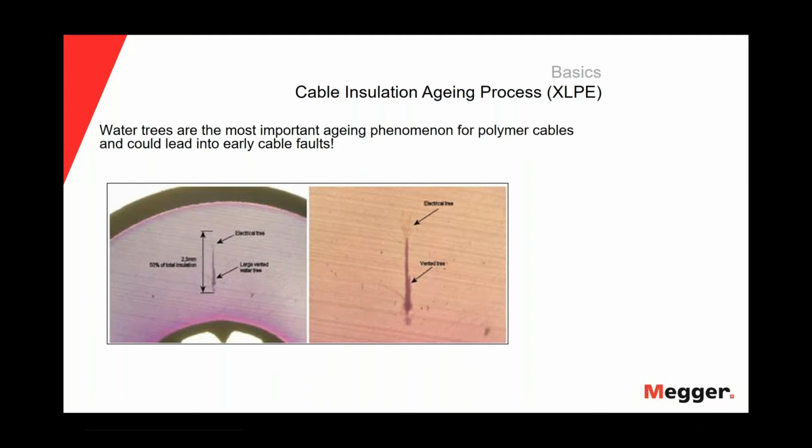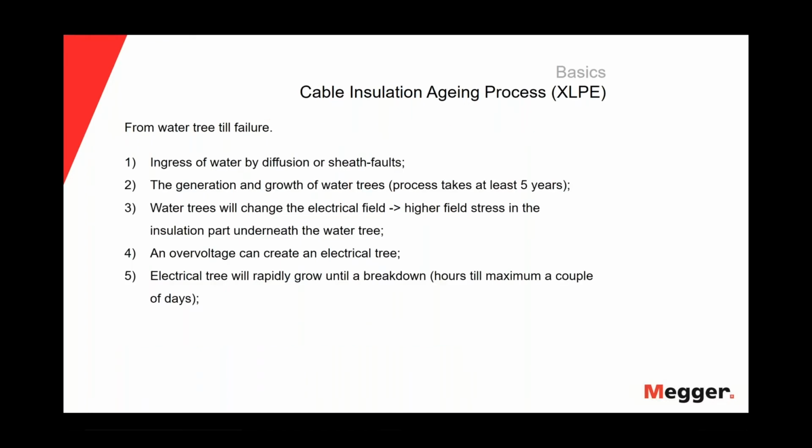Okay, so to see the complete process of the insulation aging for XLPE cables, we could say that we will start with the ingress of water by diffusion or sheath faults. Then we will have the generation and growth of water trees. This process will take at least 5 years.